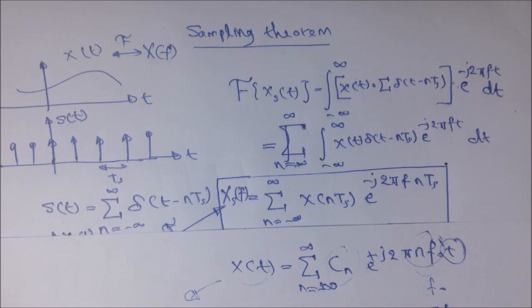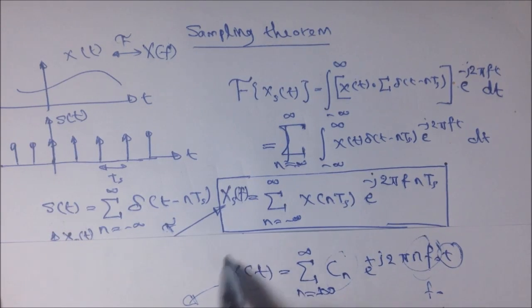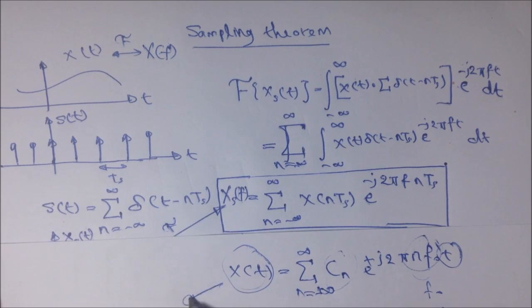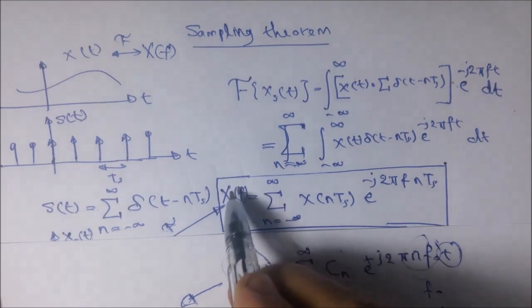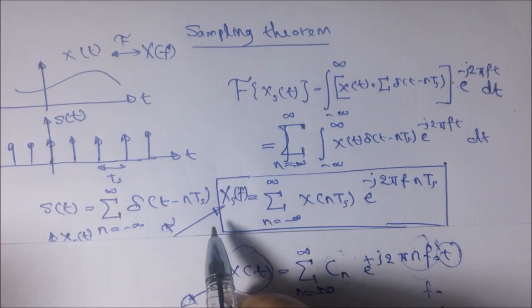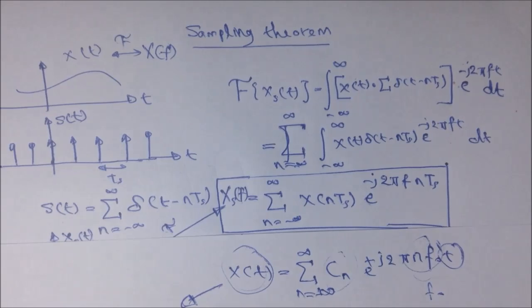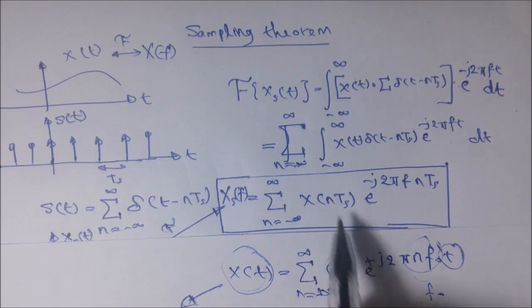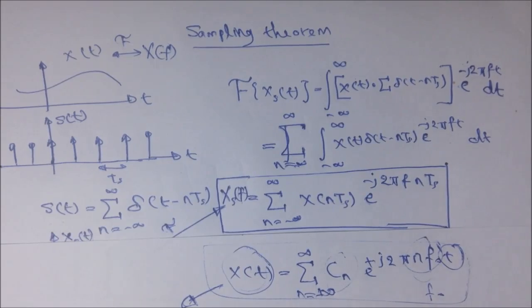So it's basically similar to what was going on in the Fourier series. Instead of getting x(t), a periodic signal in the time domain, we are getting X(f), which will also be a periodic signal, but in the frequency domain. This is an obvious analogy that you can notice by comparing these two formulas.